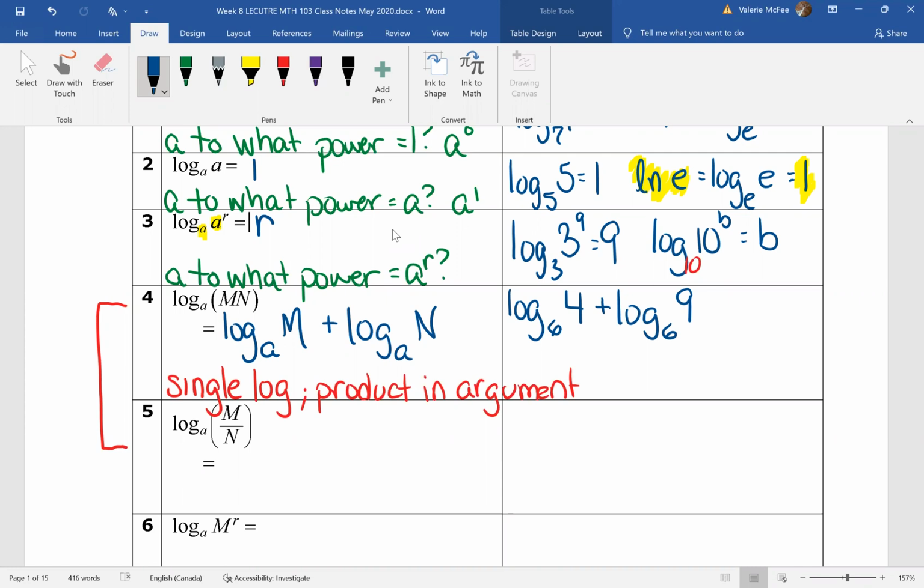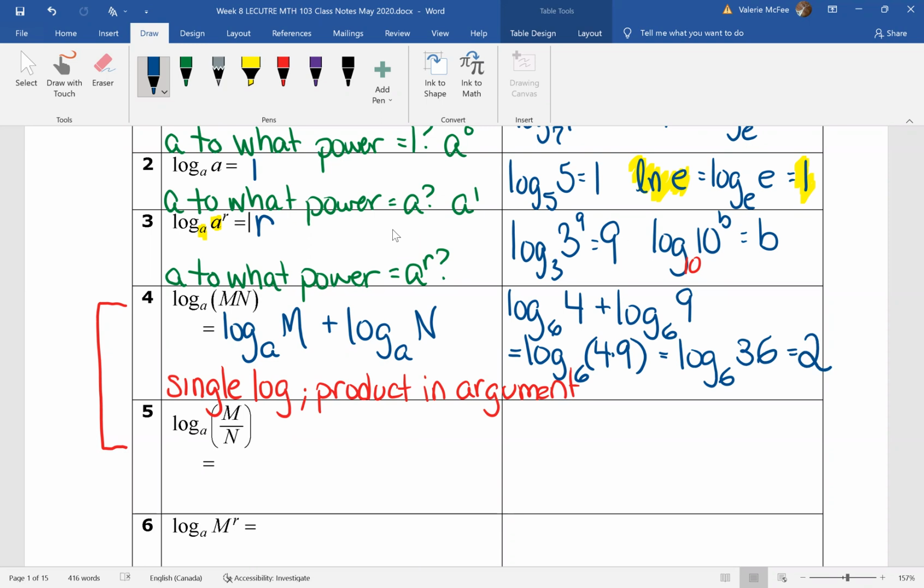But if I use the property, we can write this as a single logarithm. The base stays the same, and we multiply the two arguments. So we have log base 6 of 36. I know the answer to this question. 6 to what power equals 36? 6 to the power of 2.